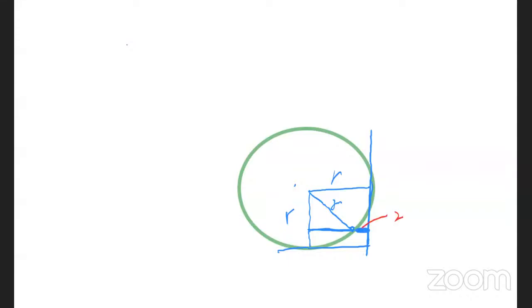So how much is this? This whole thing is R, so this is R minus 2. Correct? Now this is 1 cm from the ground. Therefore, how much is this? R minus 1. Correct? Now you got it? Do you see the R minus 2? It's because you minus the 2, because this whole thing is R.